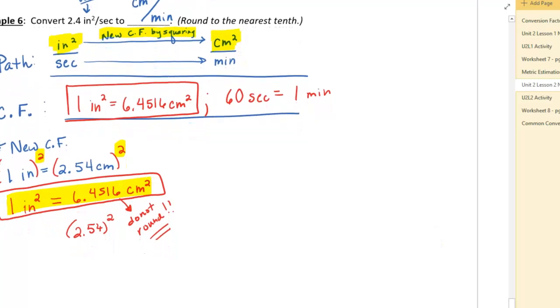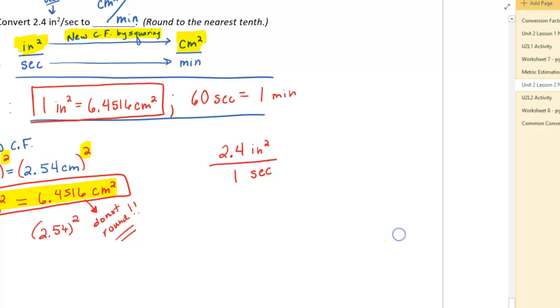So now we're ready for our string. We'll start with our given 2.4 inches squared. And since this is a compound unit, we're going to put the other units in the bottom. And remember, if it just says second, it's understood to be 1 second. All right. So the next conversion factor, if we're focusing on the top, is going to be this one.